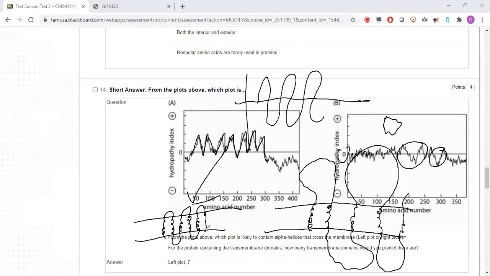Because if you learn that, what you're saying is if I'm above 0 a lot, I have larger hydrophobic residues. If I'm below 0 a lot, I have larger hydrophilic residues. Right? So only one of those plots is above 0 a lot, right? That's how I'm going to say that.